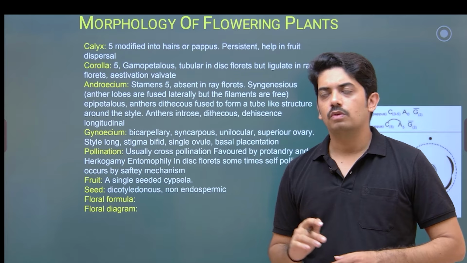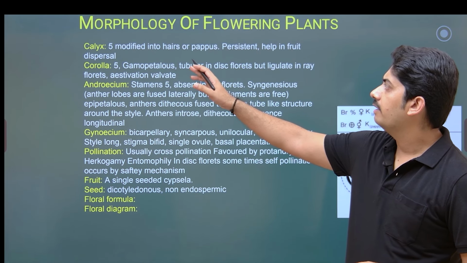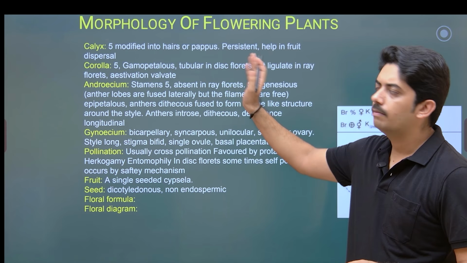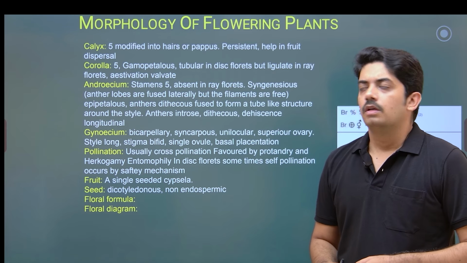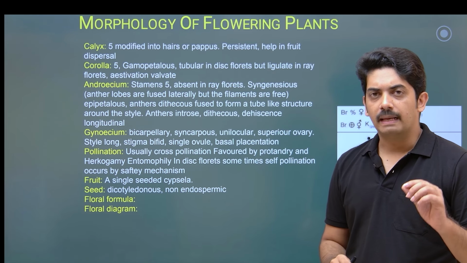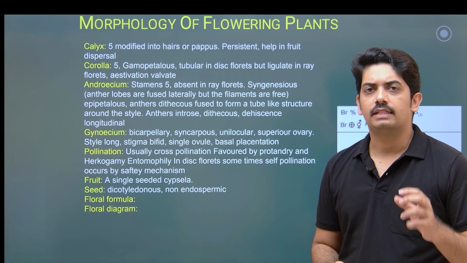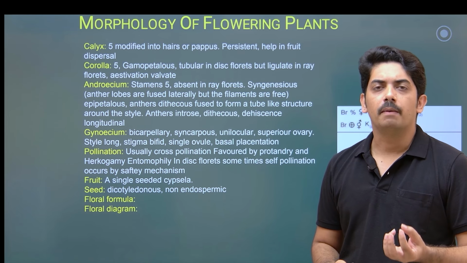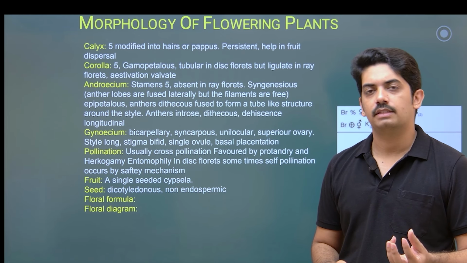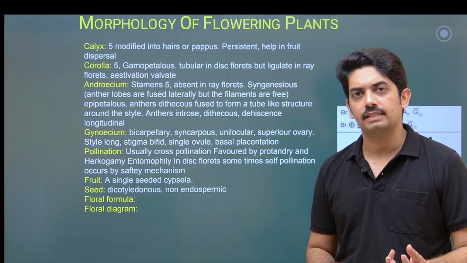When it comes to calyx, 5 modified into hairs or pappus. Here sepal is not evident, it is very much reduced and appears like hairs, and the technical term used to explain that is pappus.